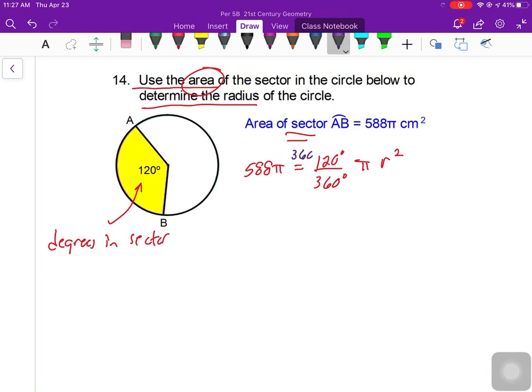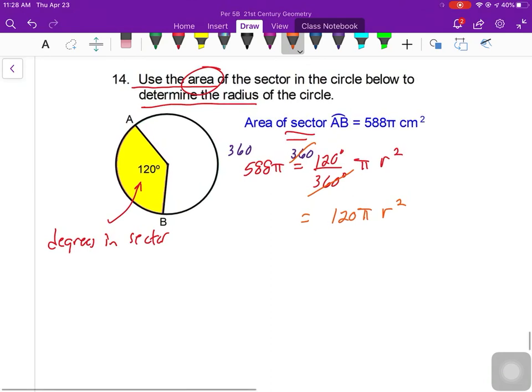Let's eliminate the fractions. So we'll multiply by the 360. The 360s cancel. We have 120 pi r squared. And then 360 times 588 gives us 211,680 pi.